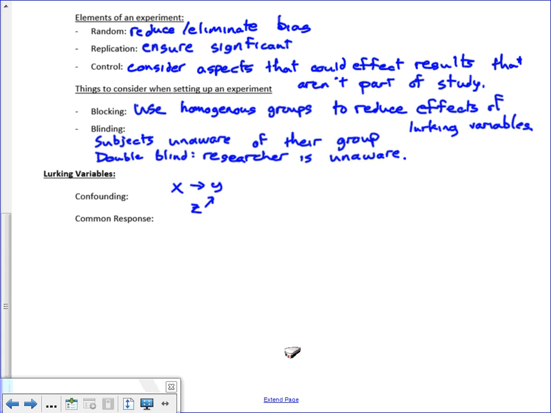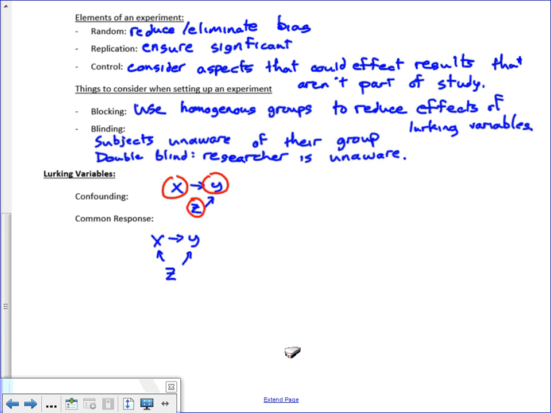So apples would be your x, cavities would be your y. Well, a confounding variable here, z, could be that the people that eat apples might also just have a healthier lifestyle, which could reduce their number of cavities. Common response is the other one, so z could affect both of those.